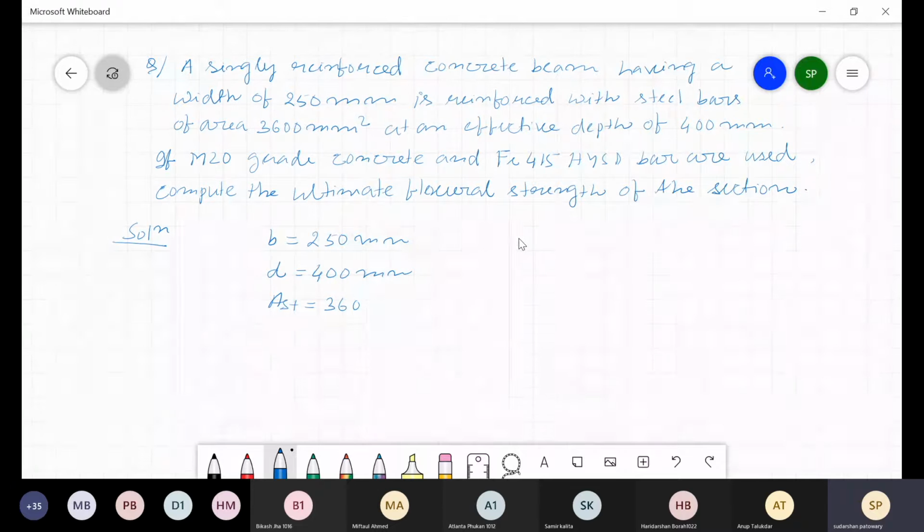What is fck? fck means compressive strength of concrete, that is 20. M20 means compressive strength of concrete is 20. And fy means characteristic strength of steel, sorry, not compressive. The characteristic strength of concrete is given as 20 Newton per mm square, and the characteristic strength of Fe415 is 415 Newton per mm square.